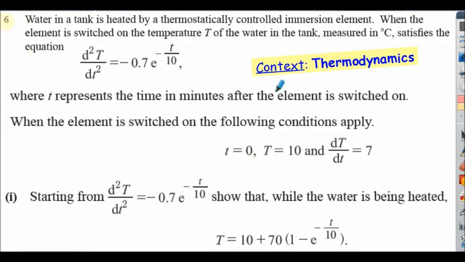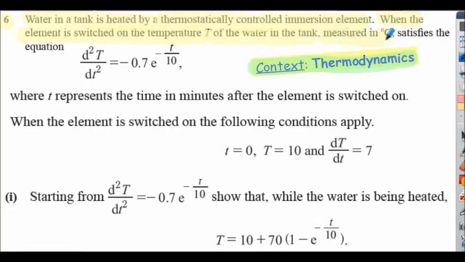Here's now question 6. This is a thermodynamics context. Water in a tank is heated by a thermostatically controlled immersion element. When the element is switched off, the temperature T of the water in the tank, measured in degrees C, satisfies the equation given here: d2T by dt squared equals a multiple of the exponential function raised to the power of negative t divided by 10. t represents the time in minutes after the element is switched on, and when the element is switched on, the following conditions apply.